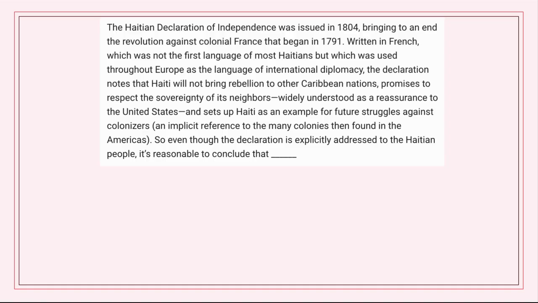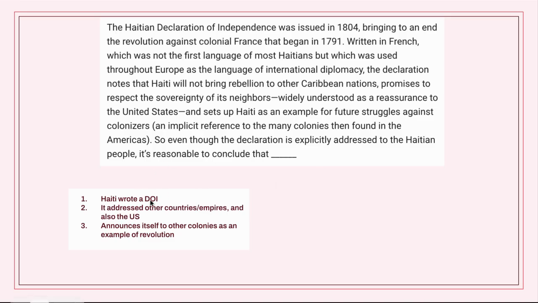So here, even though it's addressed to the Haitian people and it's their Declaration of Independence, it's addressing other countries and empires, especially in Europe and the US, as a new powerful state. If it was just addressed to the Haitian people, it probably wouldn't just be in French, right? So it is reasonable to conclude that it was a message to many other nations and places as well.